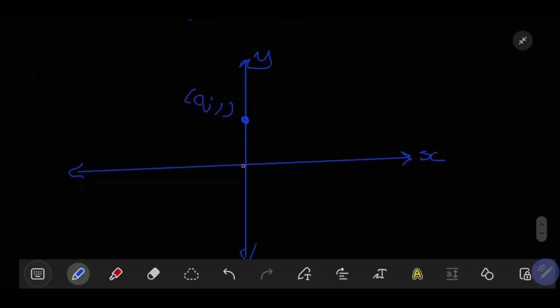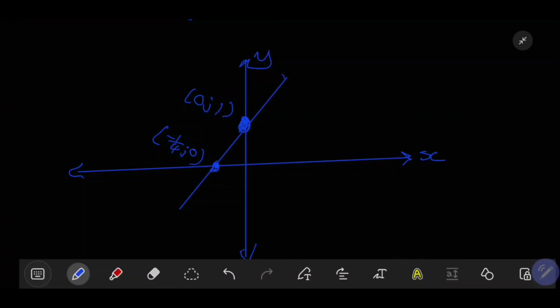So x is negative on this side, and negative 1 over 4 is 0.25, so it's somewhere around here. This is the point (negative 1 over 4, 0). Then we have plotted our points, and we draw a straight line between these points.